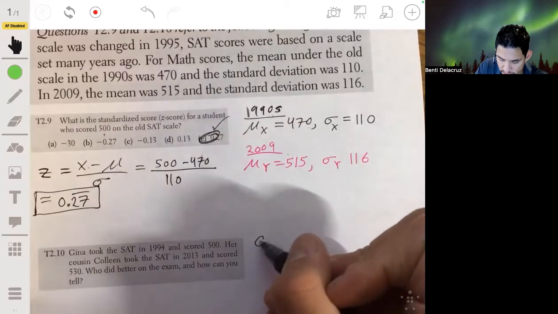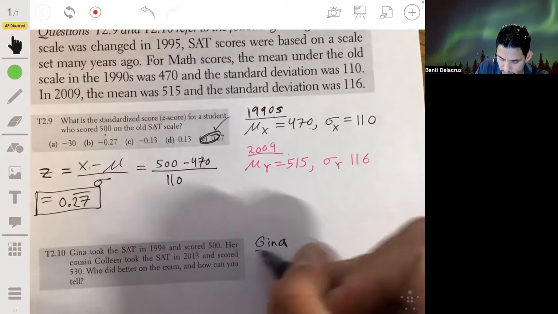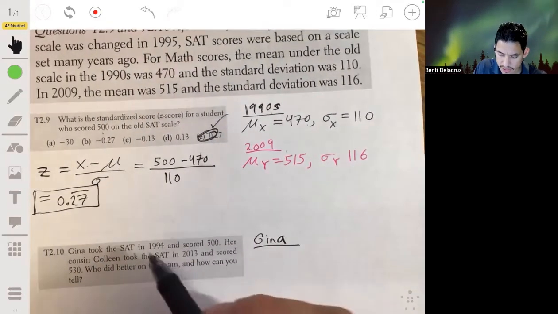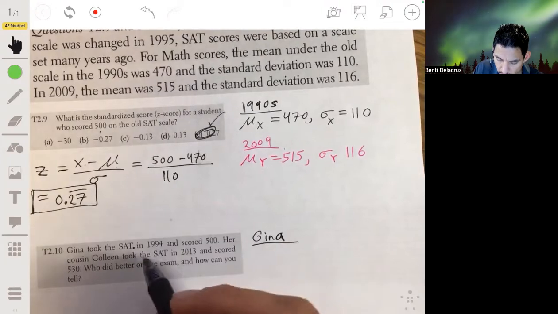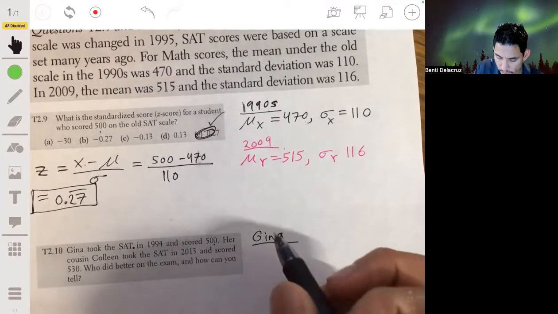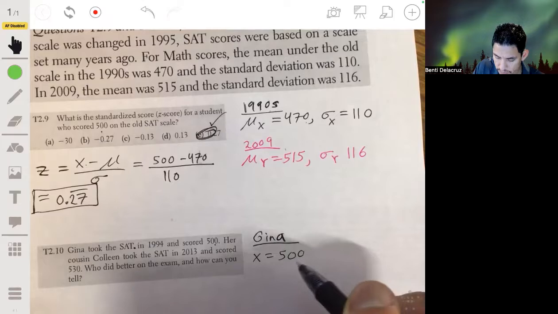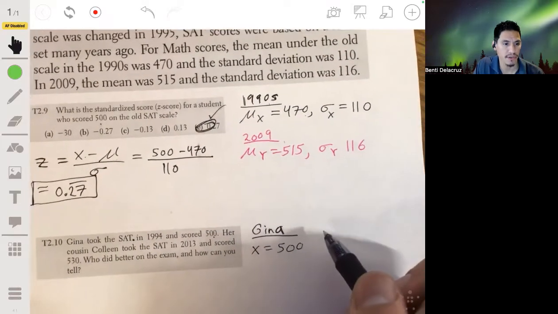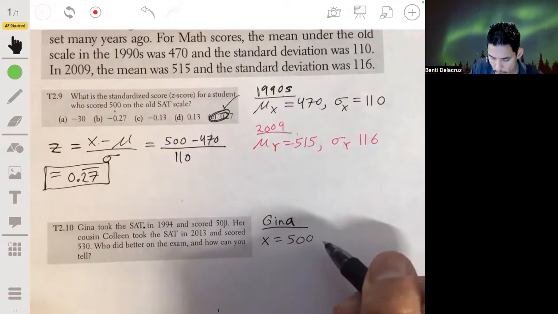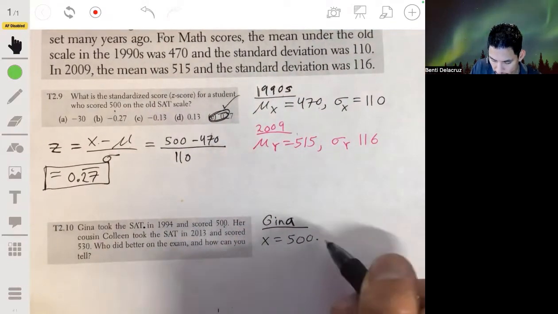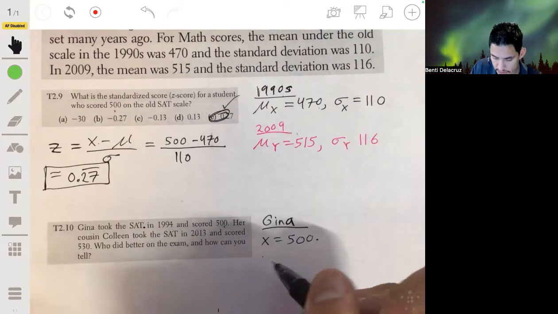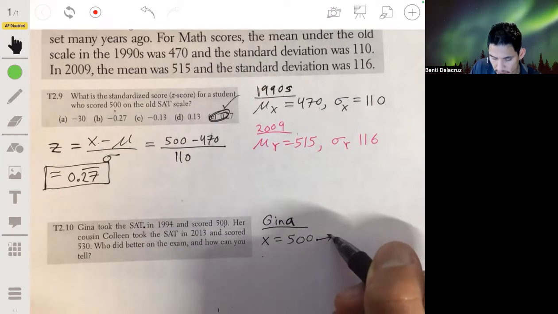So for Gina, her SAT score was 500. But to find her Z-score, let me just write it over here.